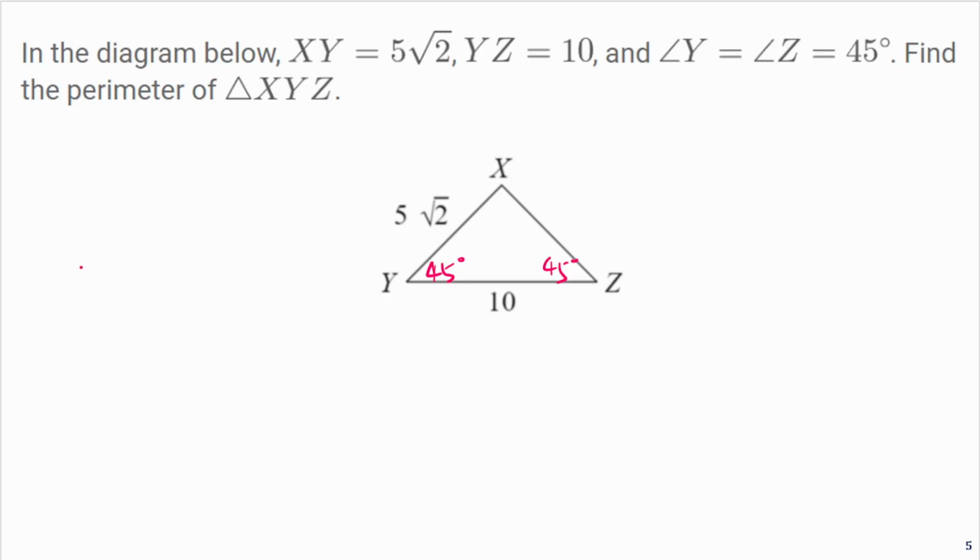Because this is also an isosceles triangle, XZ equals XY, which is also 5 square root 2, so the perimeter is just 10 plus twice 5 square root 2, which is 10 plus 10 square root 2, right?